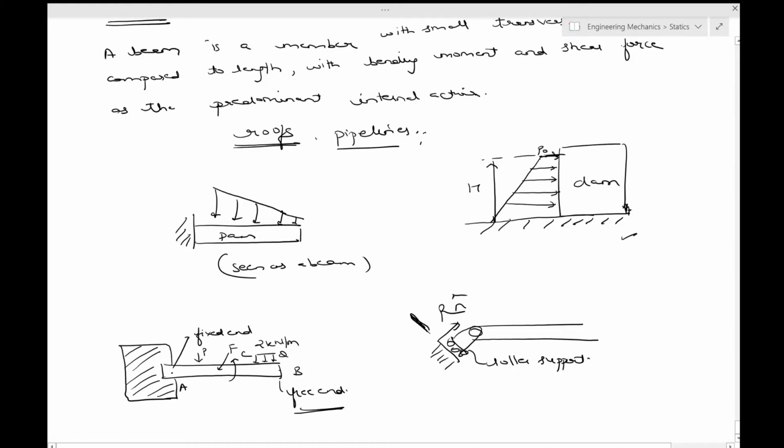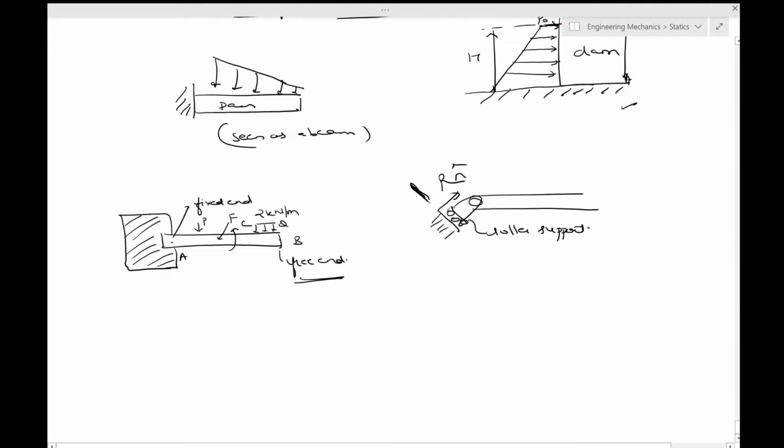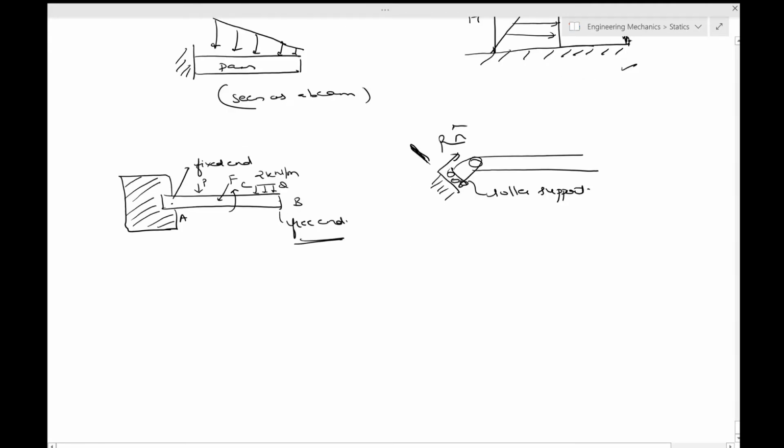You can have a pinned end, something like this, and for this case, this is the pinned end, so you can have this R1, you can have R2, and then you will have, say, C1, because it allows neither a translation in the horizontal or vertical direction nor a rotation.